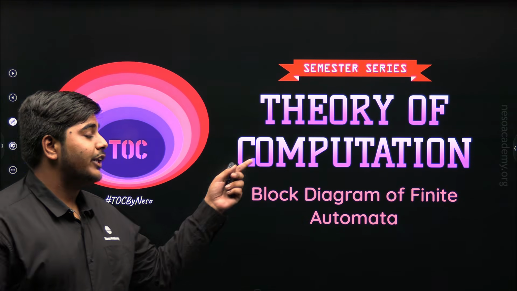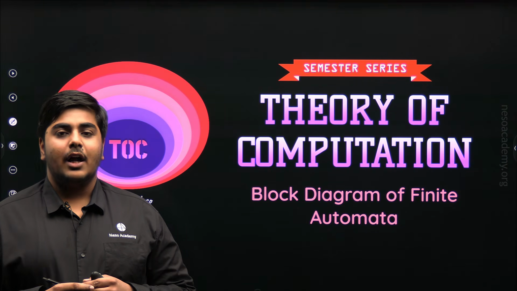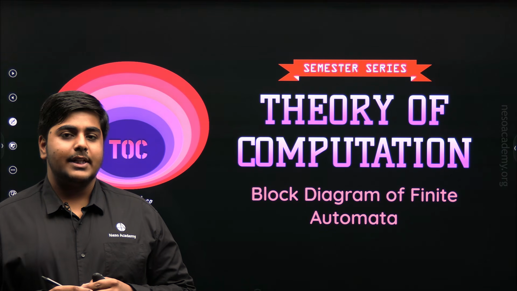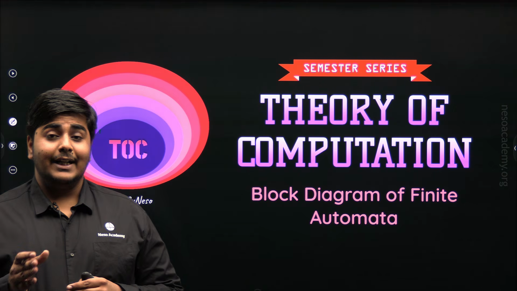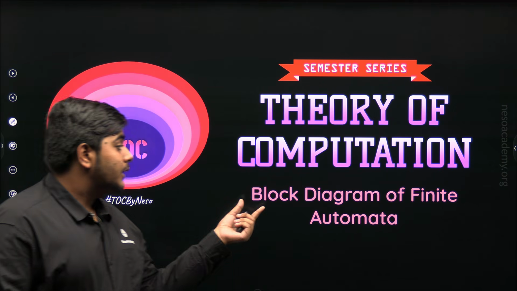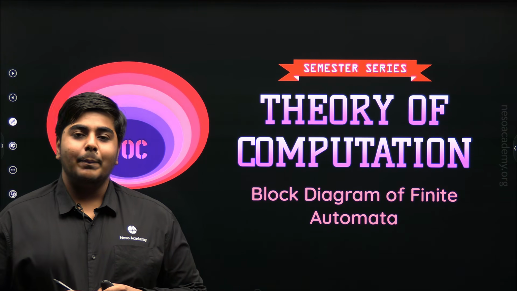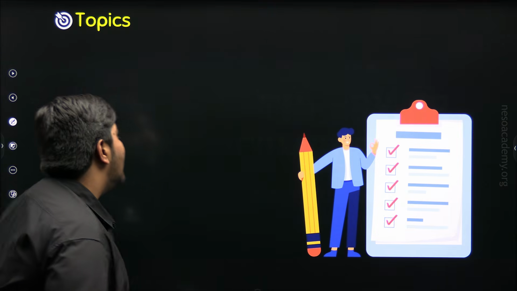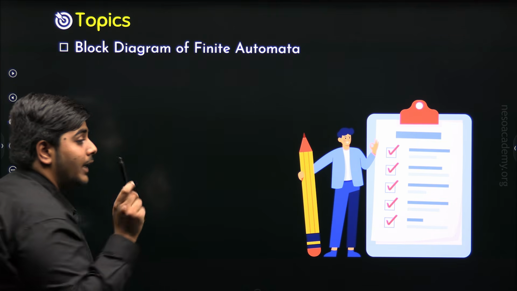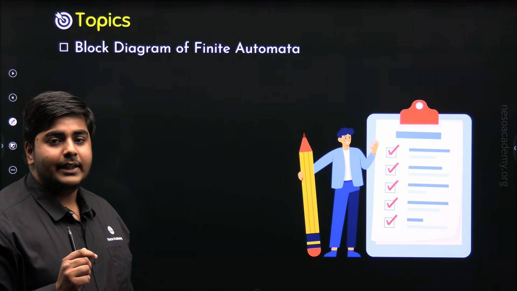We are learning theory of computation, and in the previous lecture, we have already understood what is a finite automata and how does it process an input string. And now in this lecture, we are going to understand about the block diagram of finite automata. So let's see all the topics of this lecture. Our first topic is the block diagram of finite automata, in which I will explain you the different components of finite automata.